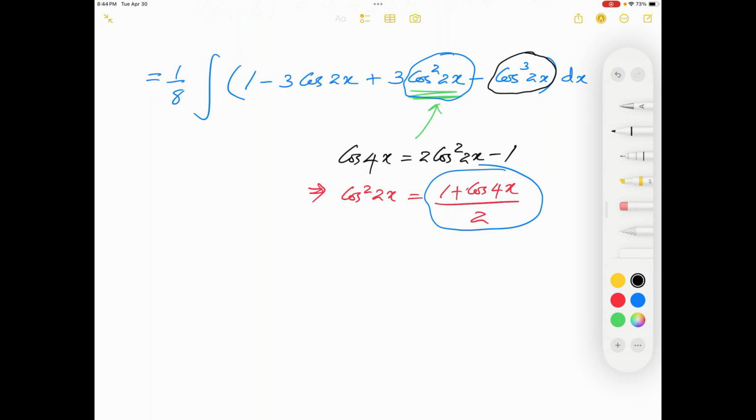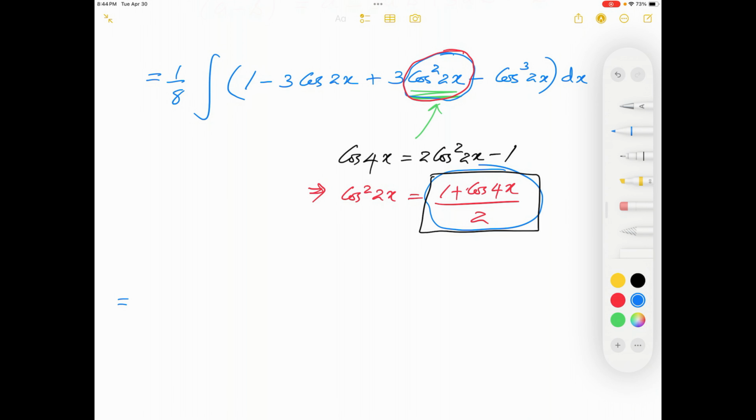And still we will have cosine cubed 2x as a remaining term. To integrate that, you will need the knowledge from integrating sine or cosine functions raised to odd powers, because this power right here is a 3. Alright, we will do it later. For now, I'm going to just replace this cosine squared 2x term with 1 plus cosine 4x divided by 2.